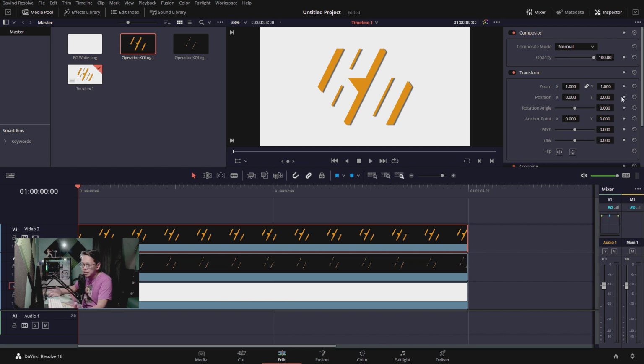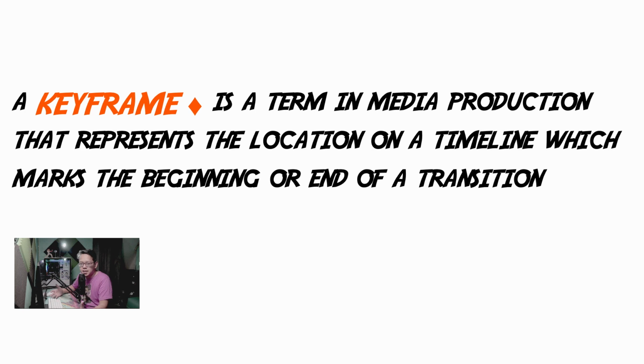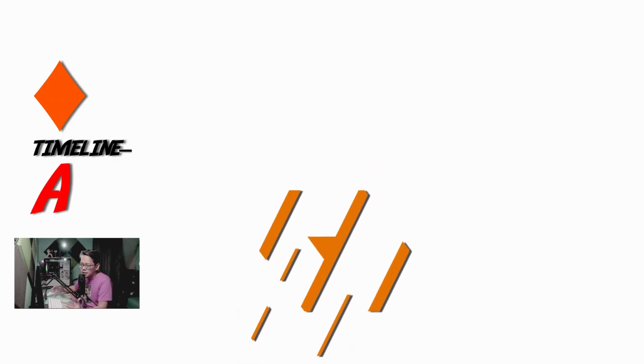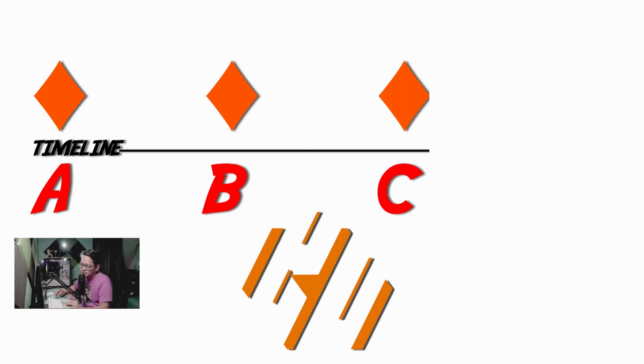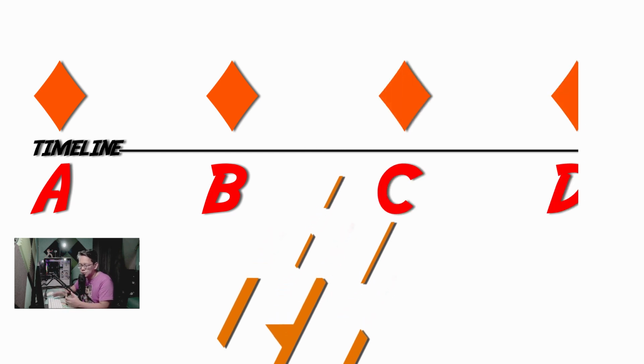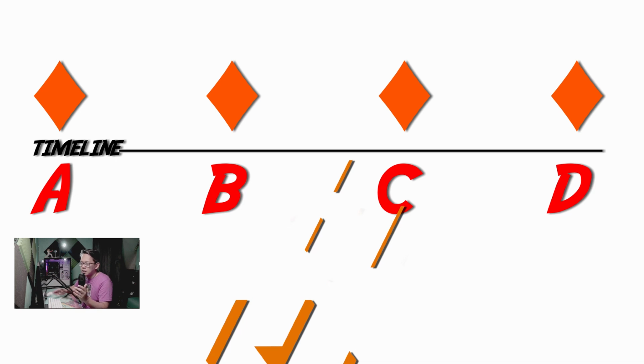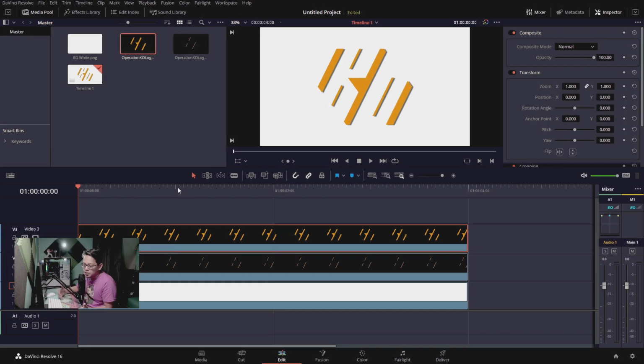Now, what are keyframes? A keyframe is a term in media production that represents the location on a timeline which marks the beginning and end of a transition. In other words, keyframes are points in time that represent change or transition, like from point A to point B. For the animation that we want, we need a total of 4 keyframes.